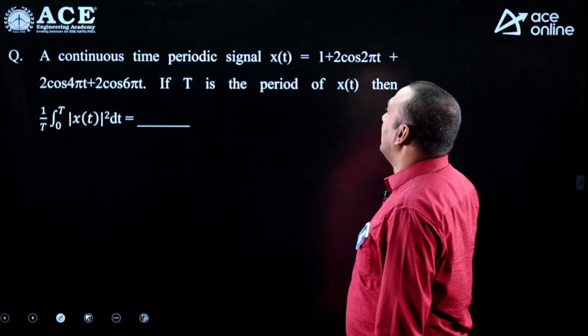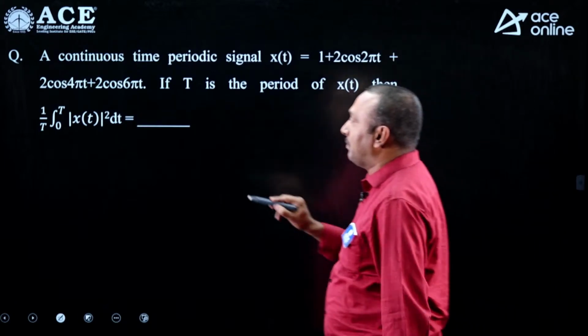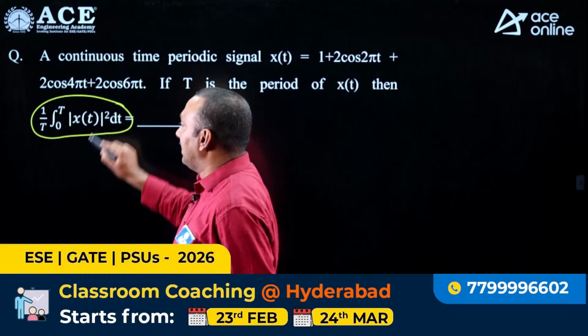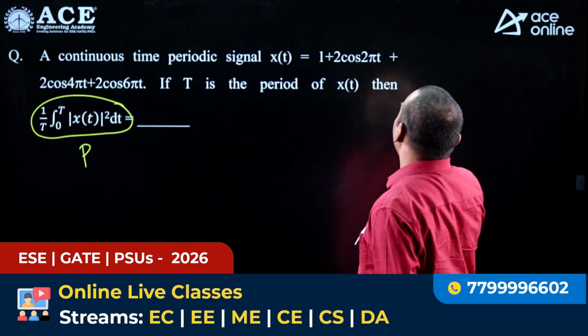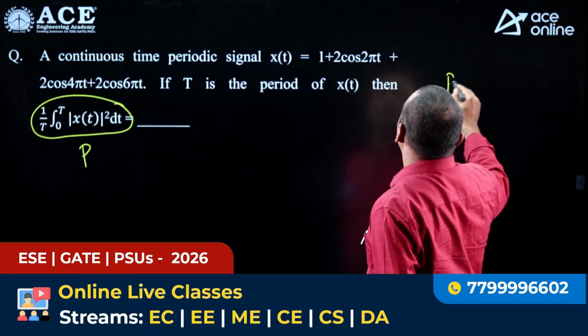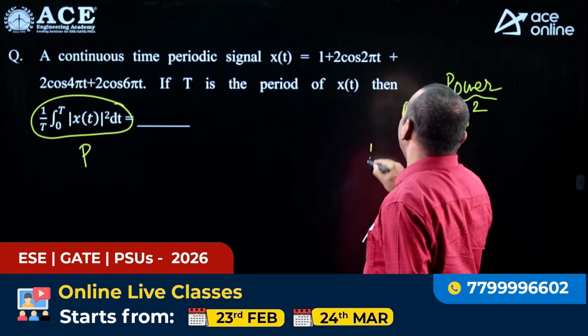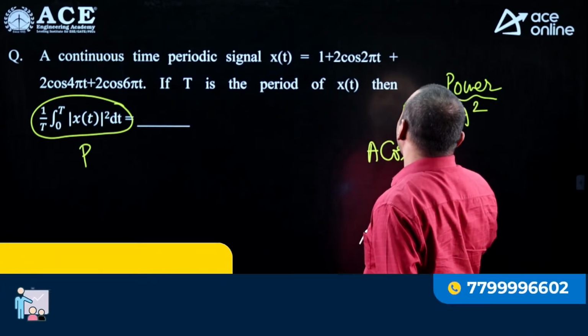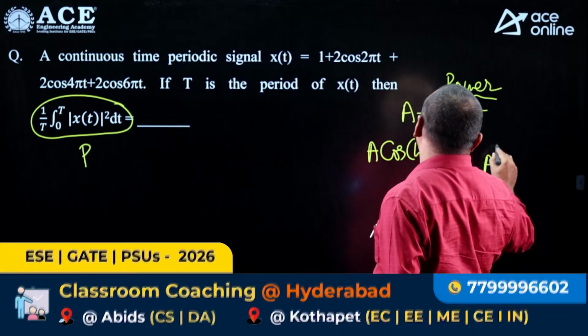A continuous time periodic signal is given by some expression. He is expecting the power in the periodic signal: 1 by T integral mod x of t whole square dt. Generally for a constant, what is the standard power we have? A square. If it is a sinusoid, a cos or a sine, we are going to write A square by 2.